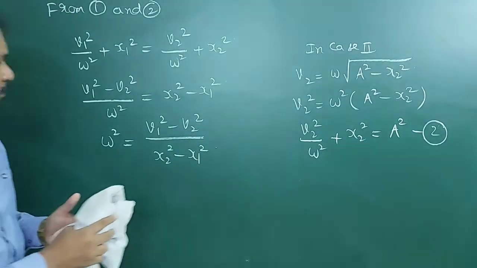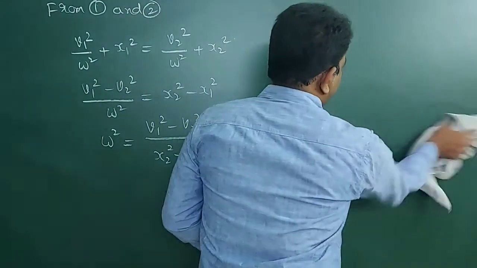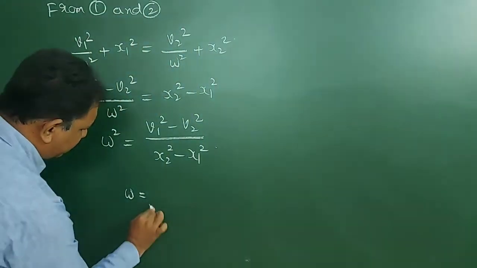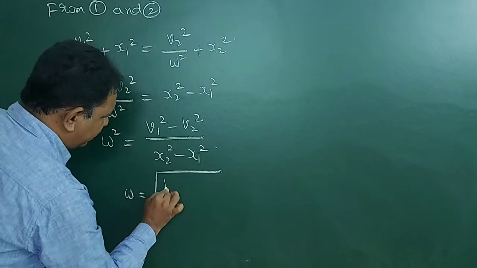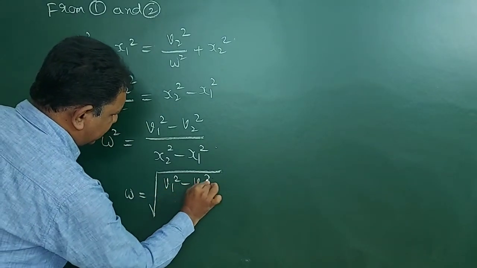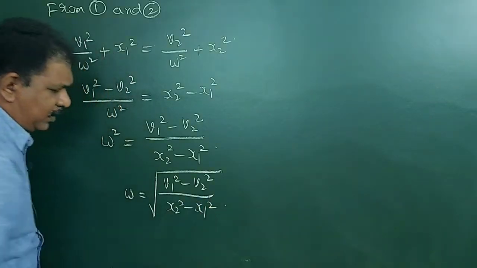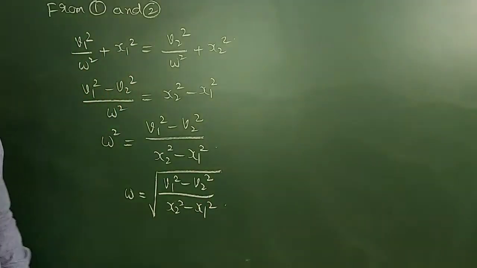Then omega is equal to how much? Square root of (v1 square minus v2 square) by (x2 square minus x1 square).